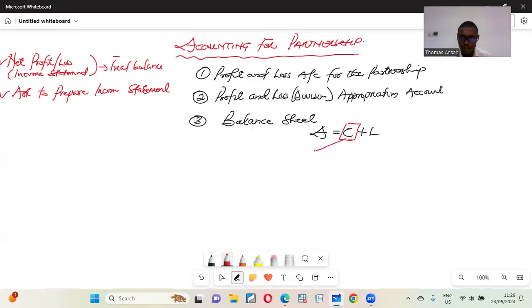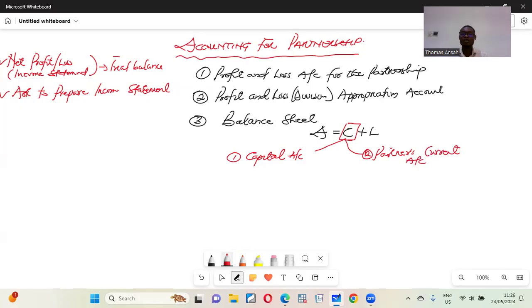So the first part of the capital account will contain the real capital. Then the second part of the capital account will contain the partner's current account.